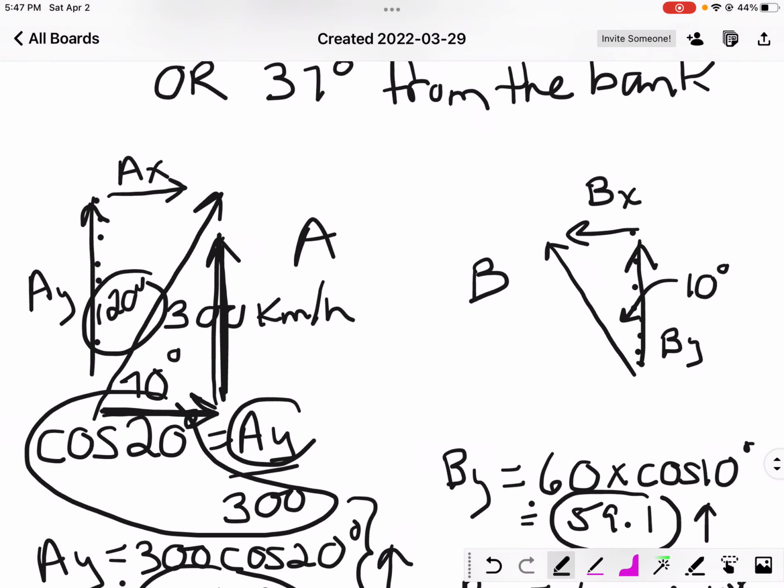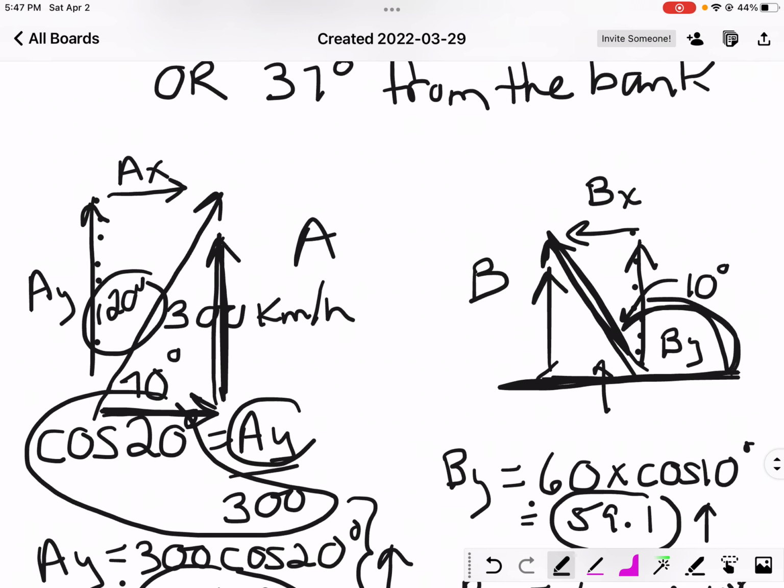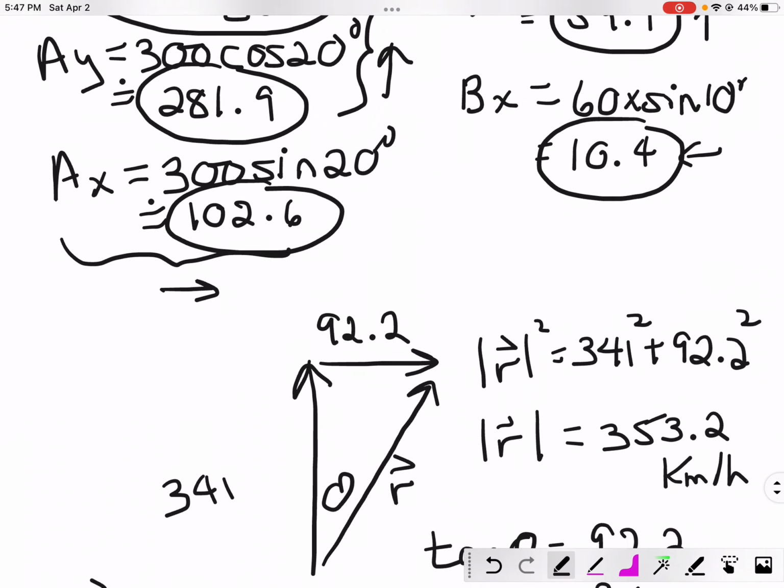In the same way, I could have done this and used 80 degrees instead of 10. You could even, if you wanted to, have left it like this and called this angle 100 degrees, and it actually would have taken care of the fact that this one's going left in the first place. Anyway, there are a lot of different ways of doing this.